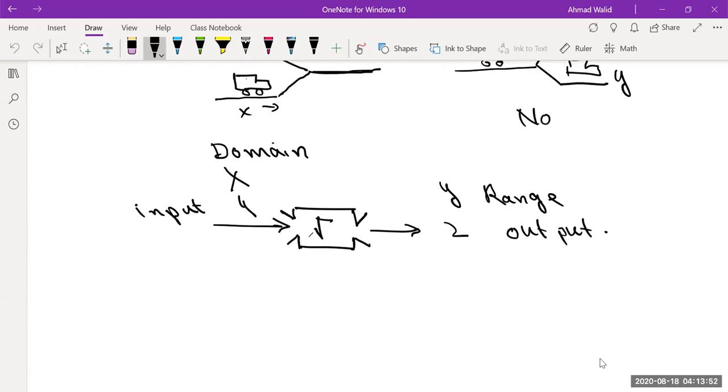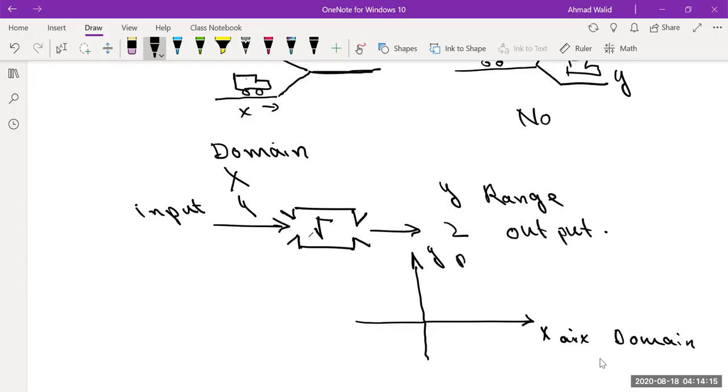What is domain? What is range? Or if I go to a graph, your x-axis is the domain. The values of the x-axis are the domain. The values of the y-axis, we call it what? Range.